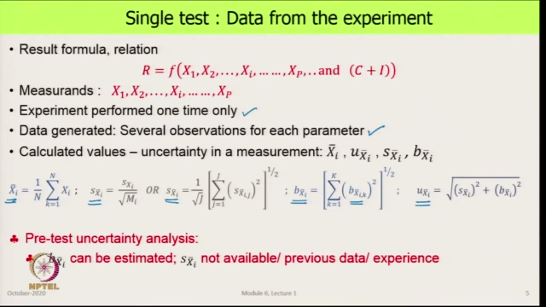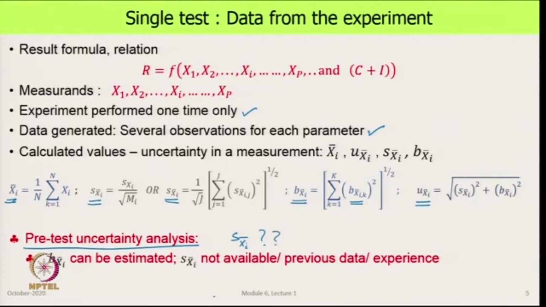The thing is that in post-test uncertainty analysis, we have all the data to do all these calculations. In pre-test uncertainty analysis, we do not have the data, so we have a problem. We cannot calculate SXI bar. The random standard uncertainty is in doubt.